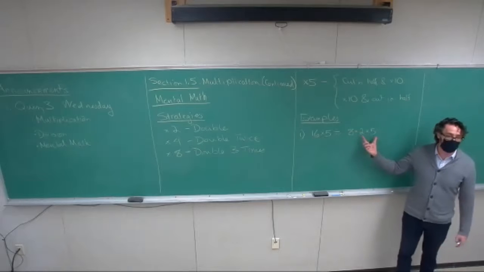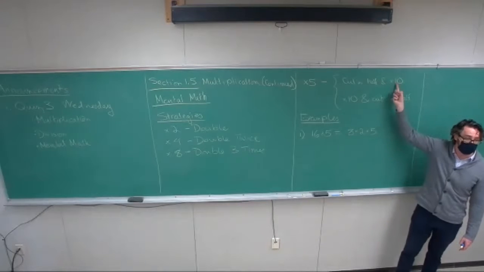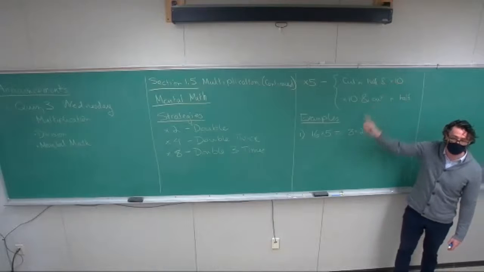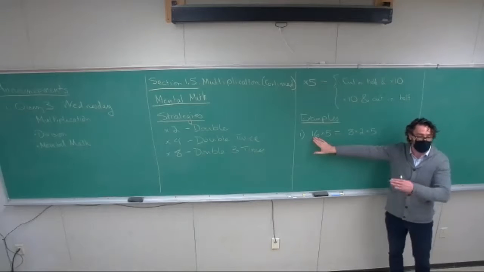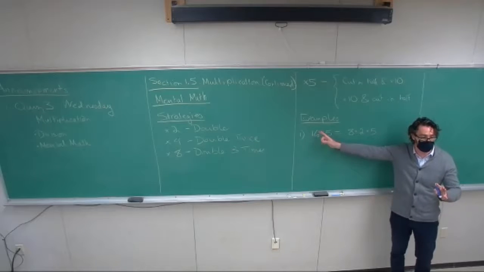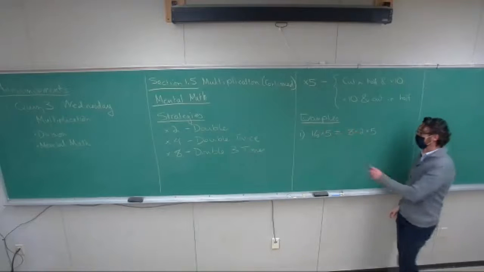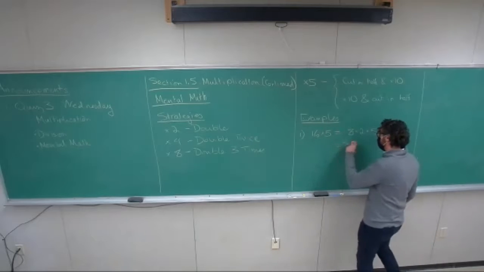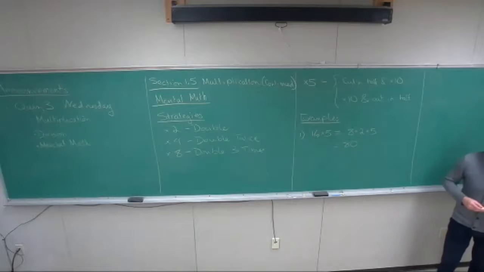Right, 2 times 5 gives us the 10, okay? That's where cut it in half, multiply by 10 comes from. If you got something that's even, that means it has a factor of 2, right? That's like the definition of even. So you can take that factor of 2, pull it out, and use it with the 5 to make a 10. Okay, so 16 times 5 is 80.